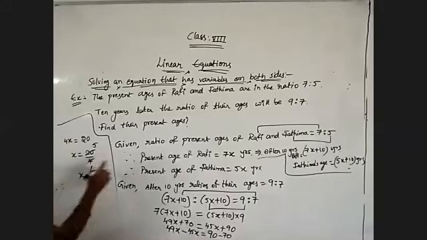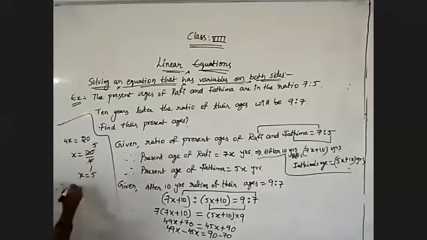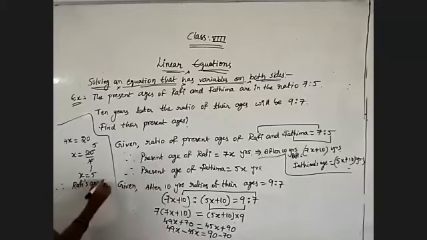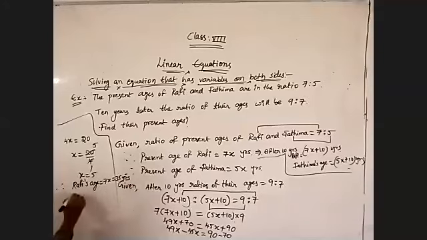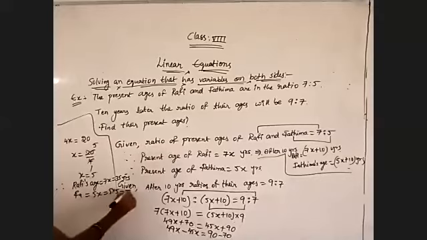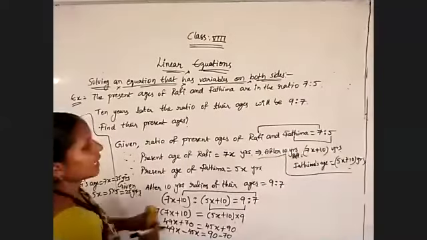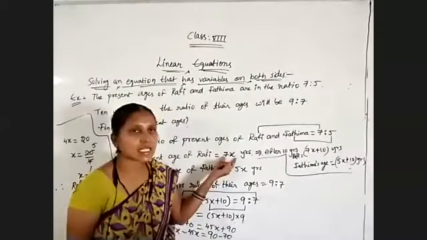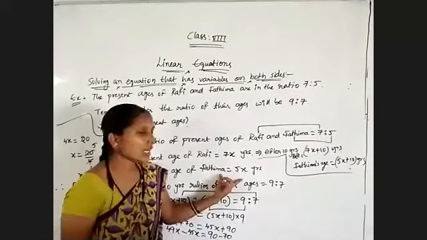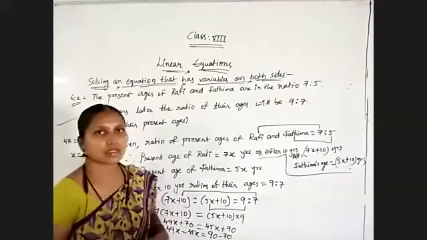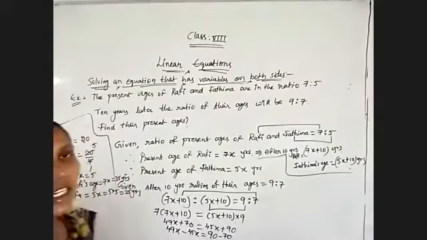Therefore, Rafi's age will be equal to 7x, that is 7 fives are 35 years. And Fatima's age is 5x, that is 5 fives are 25 years. So we got the x value 5; 7x means 7 fives are 35. His age is 35 years, Fatima's age is 25 years. Okay, like that we need to simplify.